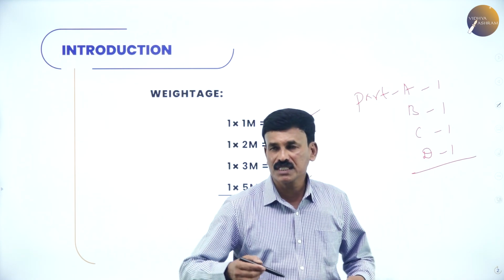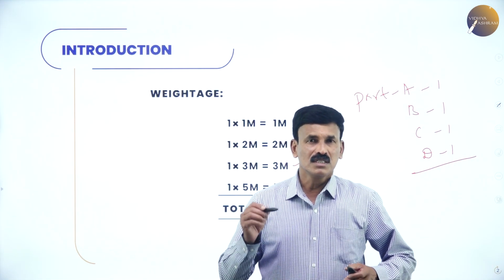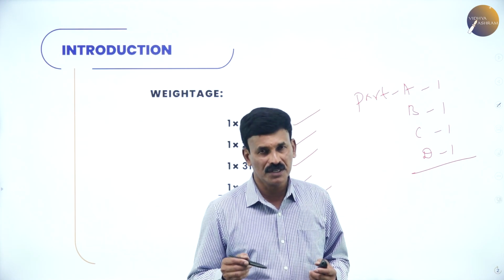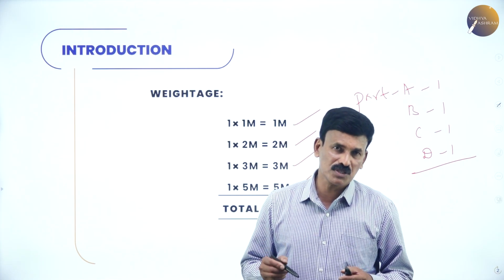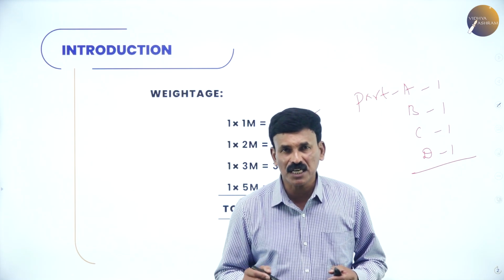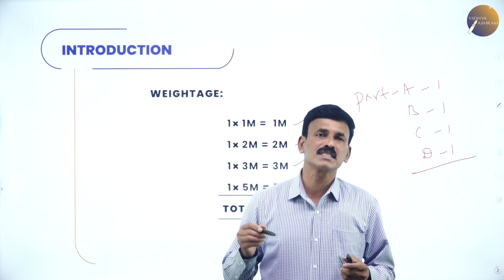Now before going to the exact concept, in this chapter we are going to study the ordered pair and relations, functions, different types of relations, then different types of functions, and the problems based on them.